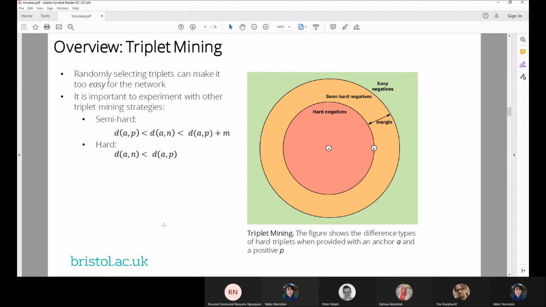Two strategies that we experiment with in this project are semi-hard negative mining, where we choose triplets in such a way that the anchor positive pairs are very close to the anchor negative pairs in terms of distance. That's represented here in this orange space where the anchor and the positive are here. And then the hard negative examples are an extreme case where the distance between an anchor and the negative is actually less than an anchor and a positive.